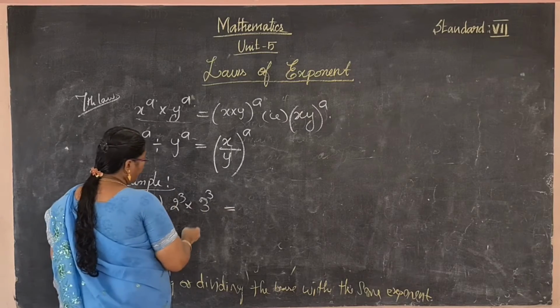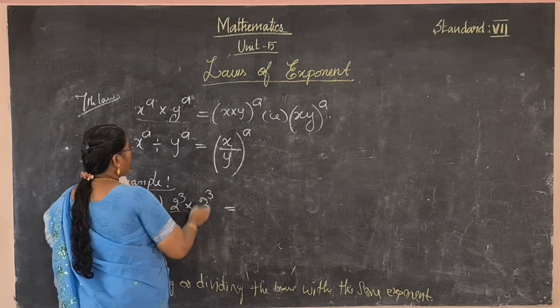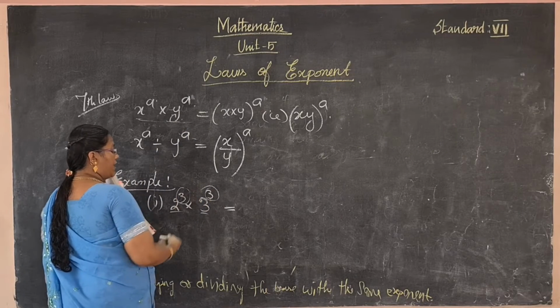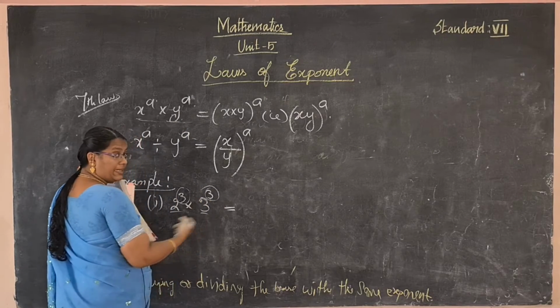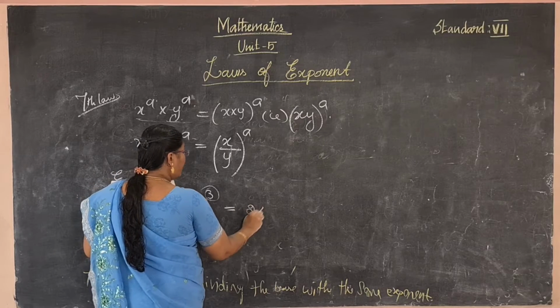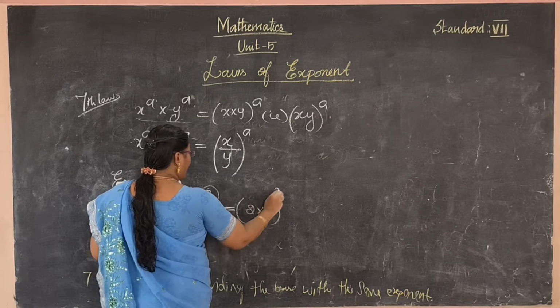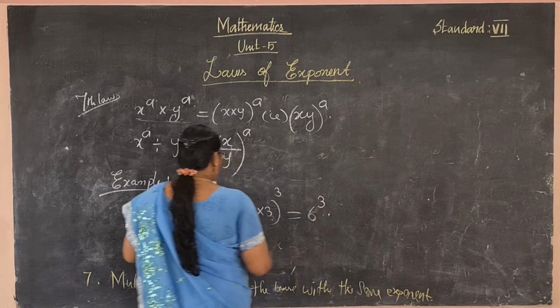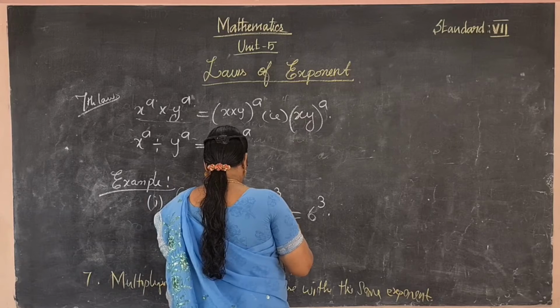Okay, how can you write? The base values are different, so we use the same exponent. So multiplying the base values, 2 into 3, the whole power 3. 2 3s are 6, power 3. 6 power 3.